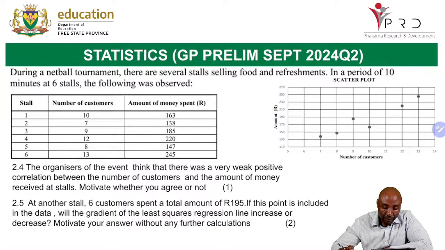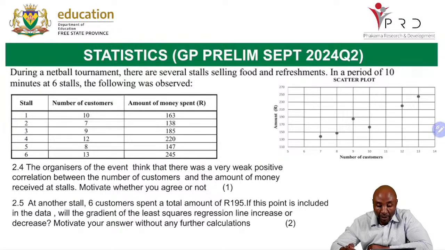Now, 2.4, the organizers of the event think that there was a very weak positive correlation between the number of customers and the amount of money received at the stalls. Motivate whether you agree or not. I would say I do not agree, because my correlation coefficient of 0.95 is a very strong positive correlation.